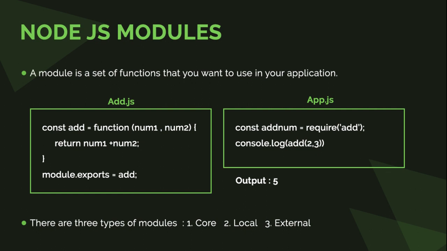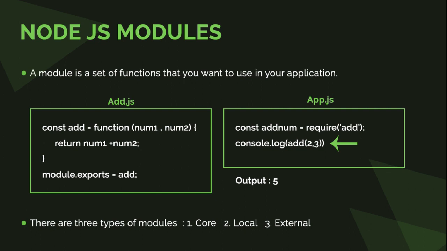So what we're doing is importing the add function right here by saying require. Now require is also a global. Again, I'm going to talk about globals later on. What require does is it imports that function. So it's importing here, and that function is being assigned as addnum in this file, and we're just console.logging.